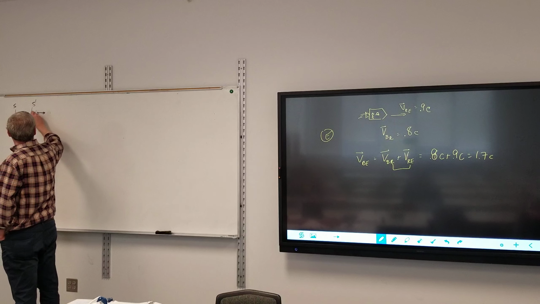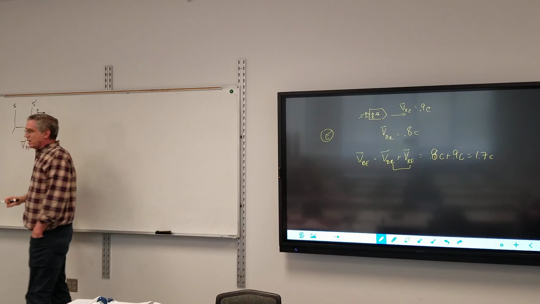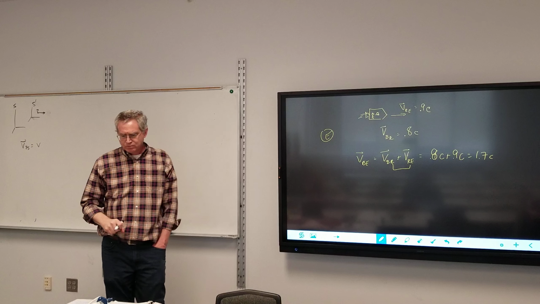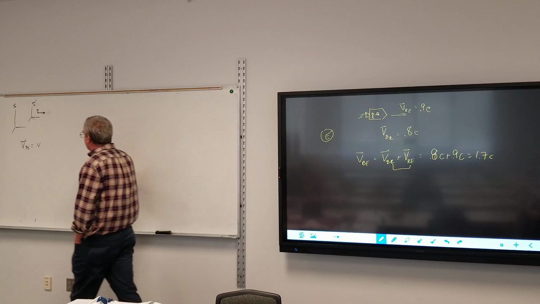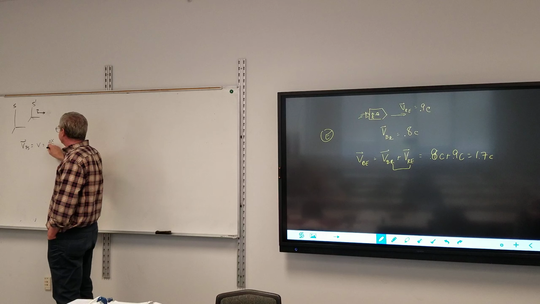So the velocity of the particle with respect to S, we're just going to say is v, which is the distance traveled over time.